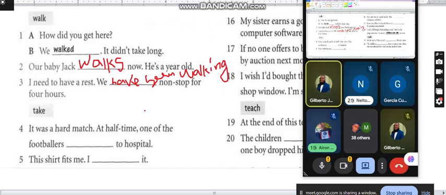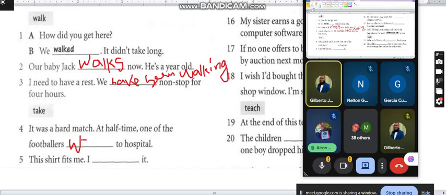One of the members in the group was taken to the hospital, not everybody. So the verb should be in singular form. We should say: one of the footballers was taken. This is the answer.